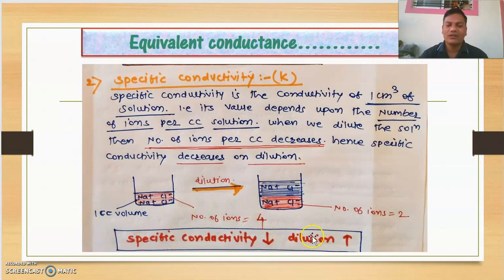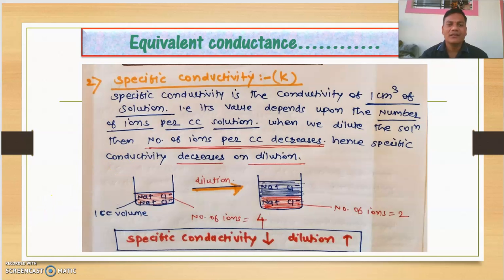So in square we can write, as you increase the dilution, specific conductivity decreases. तुम्ही arrow चेक करू शकताय, हा जो वरती arrow दाखवलेला आहे तो वाढतोय म्हणजे डायल्युशन वाढते, पण हा arrow डाऊनवर्ड आहे म्हणजेच स्पेसिफिक कंडक्टिव्हिटी कमी होते. So this is the one characteristic.